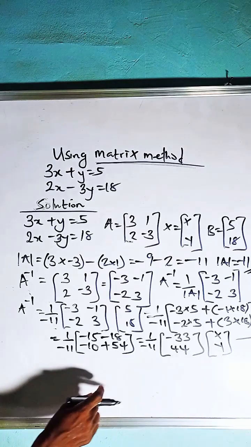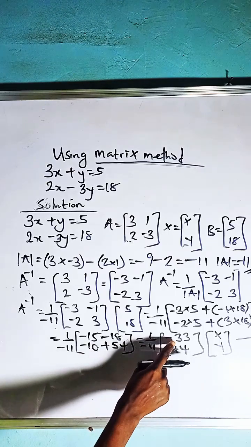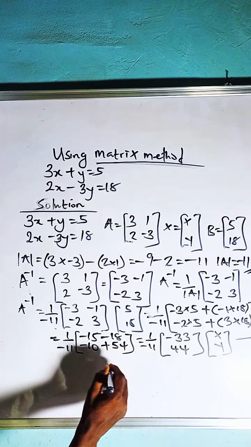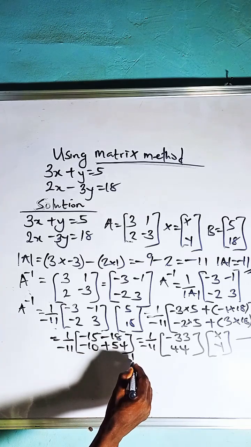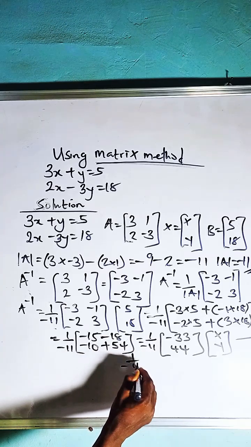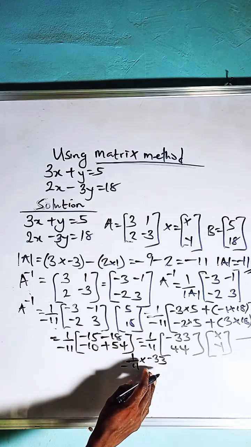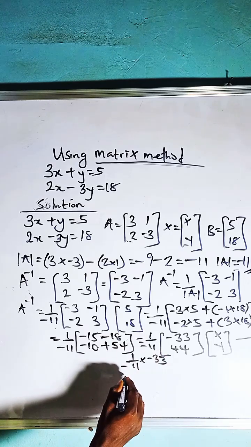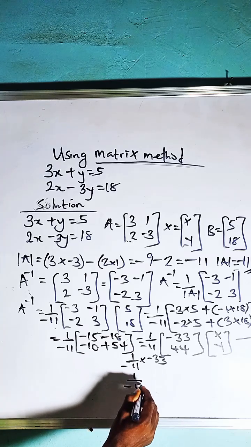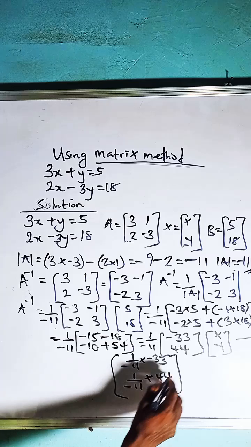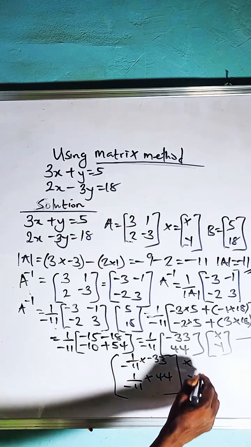We multiply this with 1 over minus 11, so 1 over minus 11 times minus 33, and 1 over minus 11 times 44. You can easily get the value of x and y.